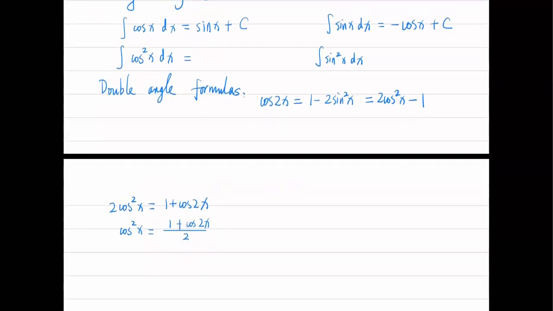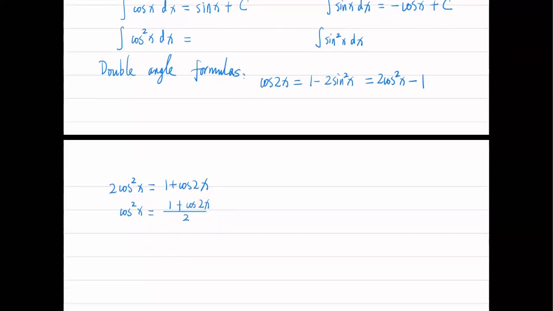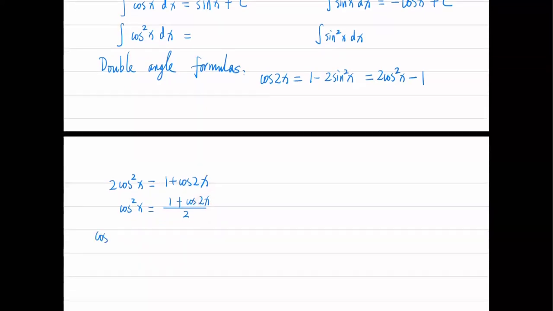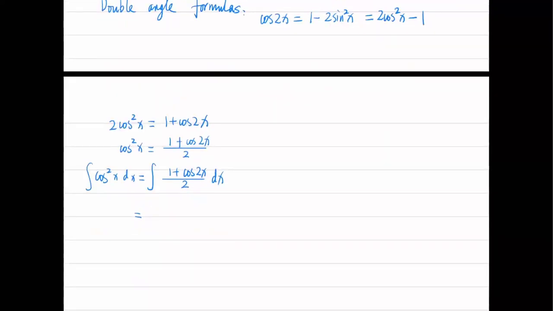Okay, now we can continue this integration. Cosine square reduced to cosine 2x. Okay, so let me separate the 1/2.